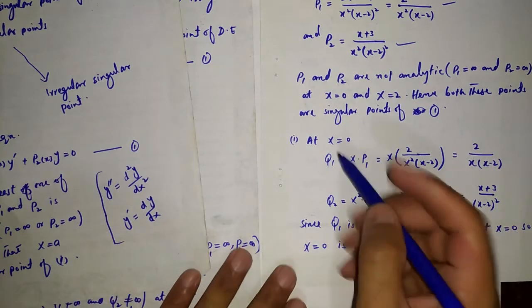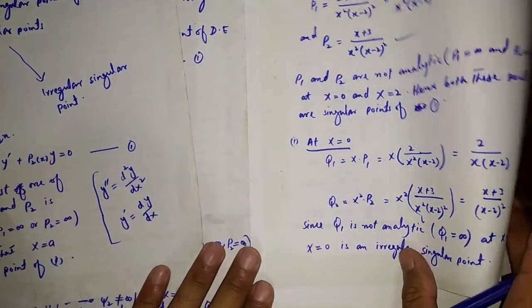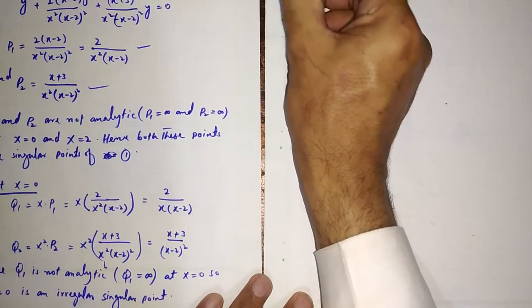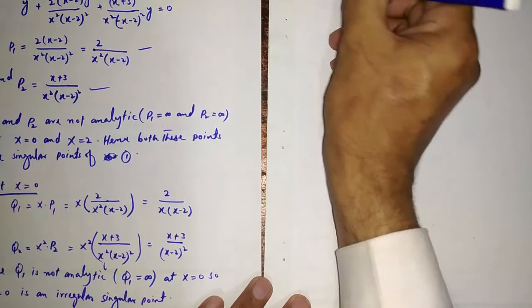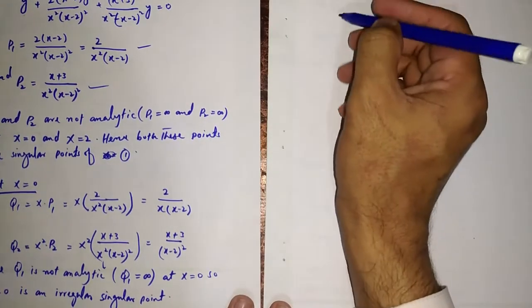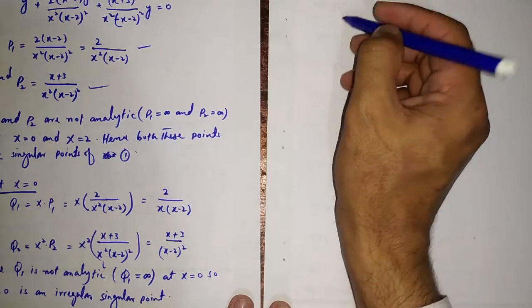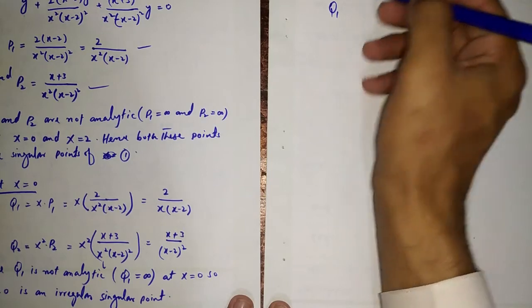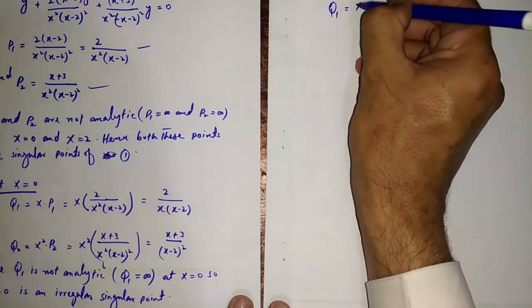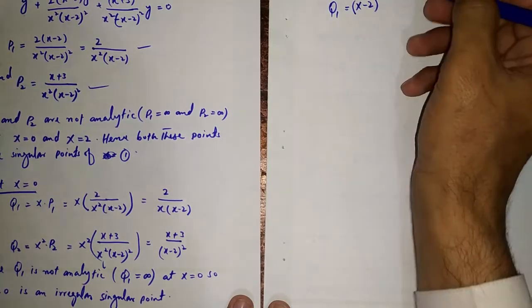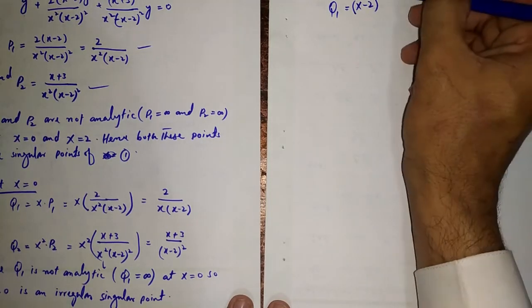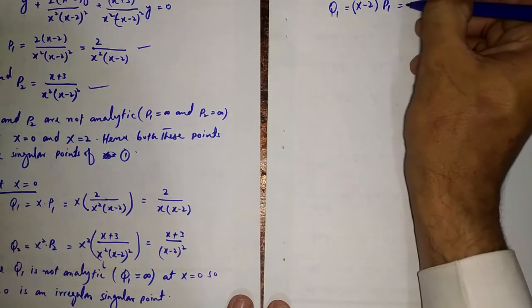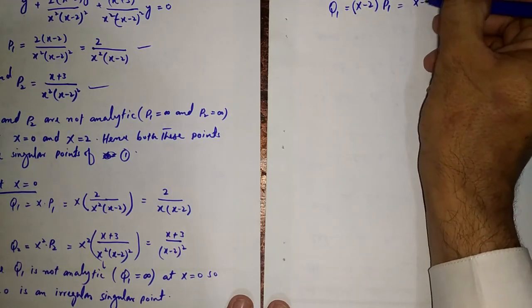Here we found x equals 0. Now for the second case, x equals 2. Q1 will be equal to x minus 2 into P1. Clear?